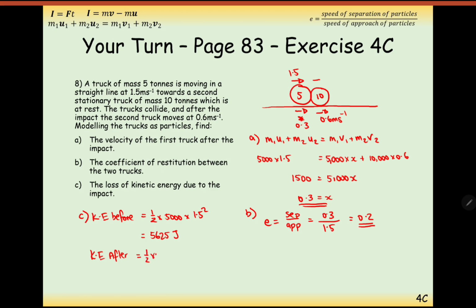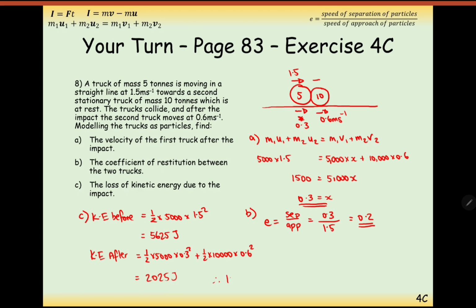And the kinetic energy afterwards, we've got two particles moving here. So 1/2 times 5,000 times 0.3 squared, add 1/2 times 10,000 times 0.6 squared. When we add those two together, it gives an answer of 2025 joules.